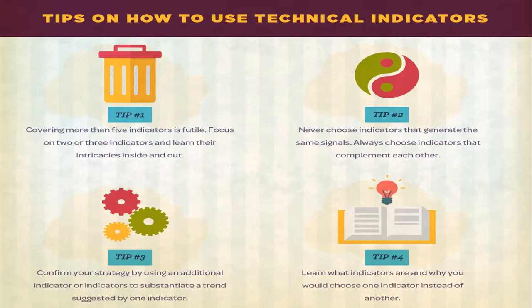You get it. So you have the confluence on entering and exiting. And tip number 3, confirm your strategy by using an additional indicator or indicators to substantiate a trend suggested by one indicator. So let's say we have, let me use the 200 moving average as an example.